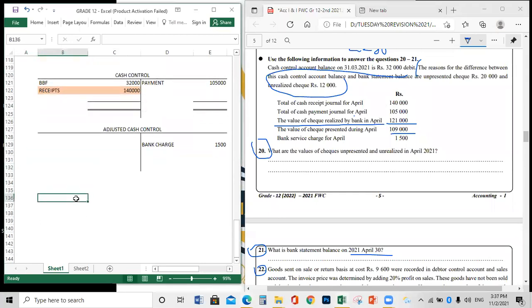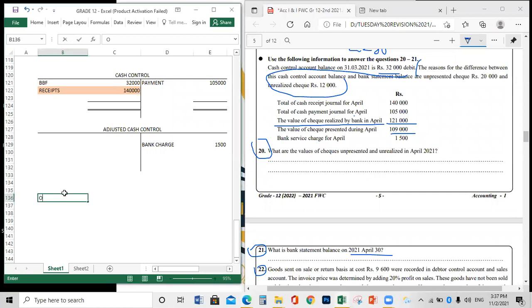Now see guys, what is happening is they said at the starting date, the opening balance of the bank statement and cash control was different due to two reasons. What are the two reasons?